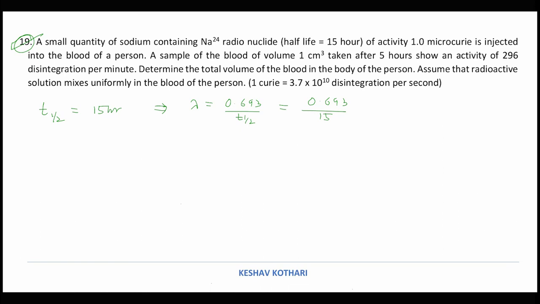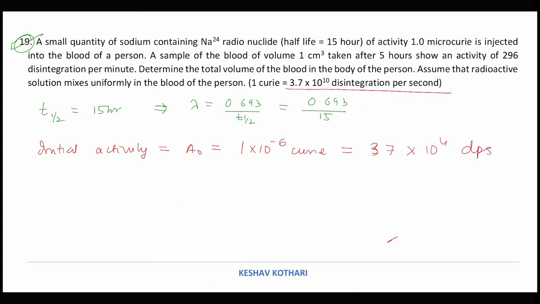Now initially the initial activity A0 of the whole sample is equal to 1 microcurie. So we can write it as 1 into 10 to the power minus 6 curie, and we can convert using this formulation to get the value equal to 3.7 into 10 to the power 4 disintegrations per second.